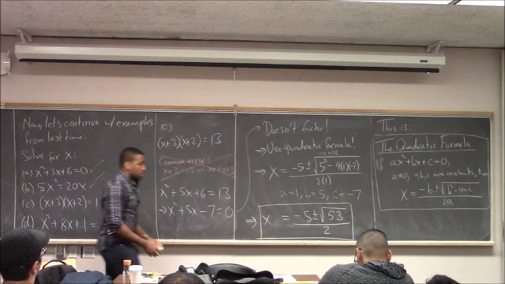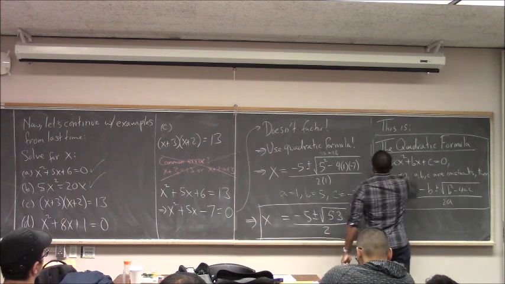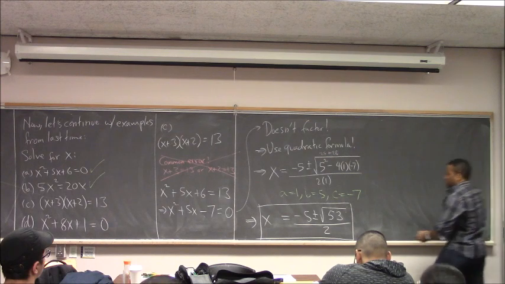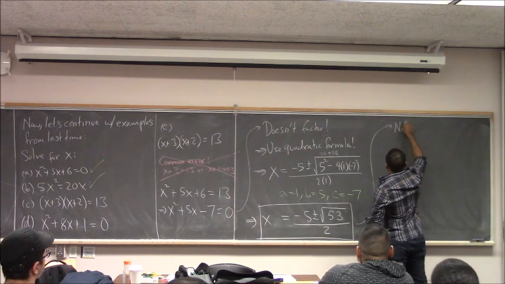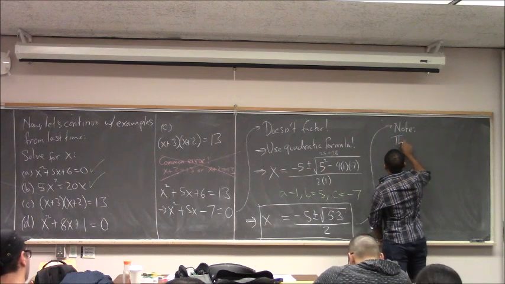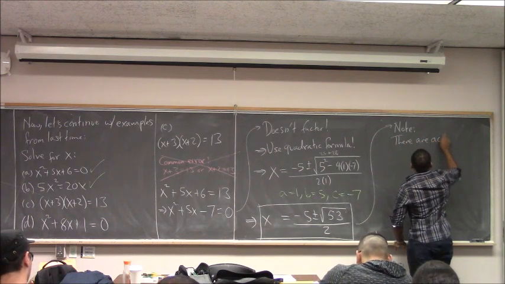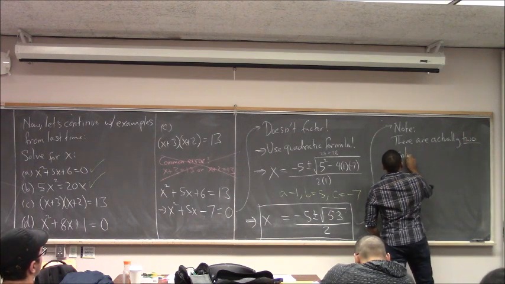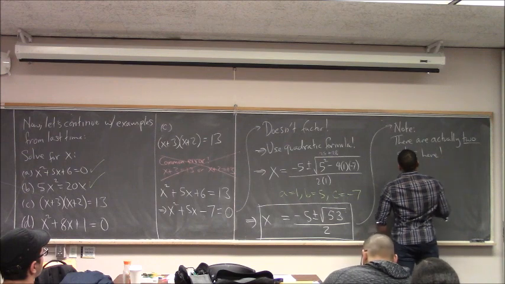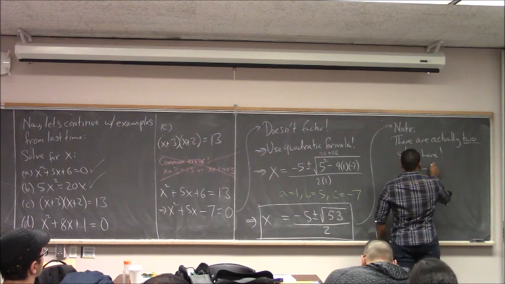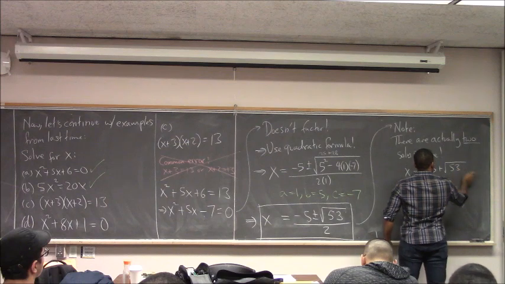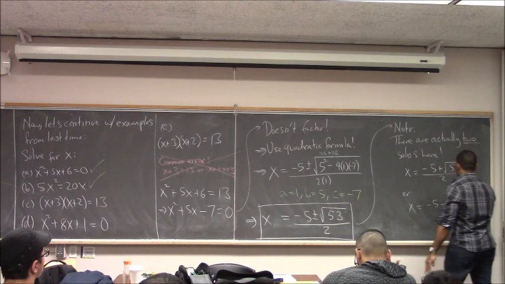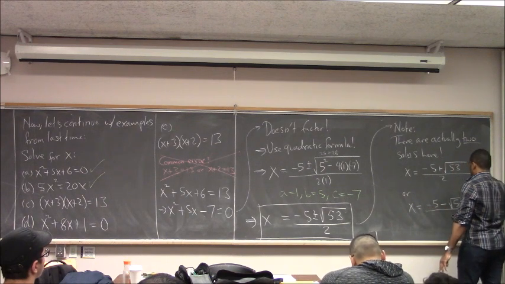I want you to notice that these are actually two solutions. You have x could be minus 5 plus the radical of 53 all over 2, or you can have x equals minus 5 minus the radical of 53 all over 2.